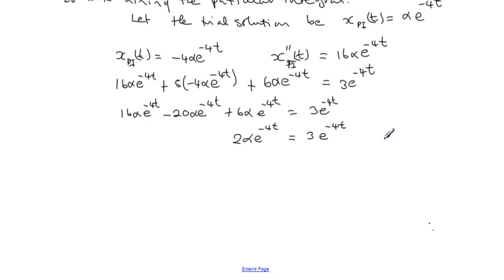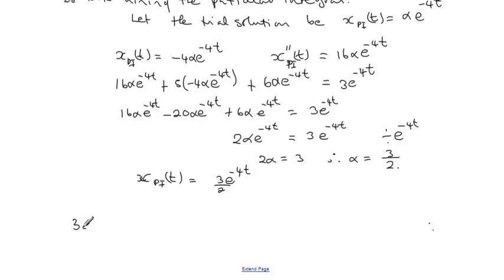Dividing both sides by e to the power minus 4t, we get 2 alpha equals 3, and we conclude that alpha is equal to 3 over 2. In this case, now our particular integral x_pi, a function of t, is equal to 3 over 2 e to the power minus 4t.